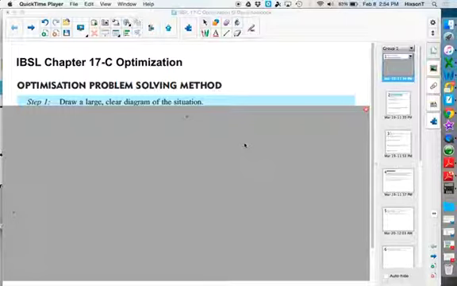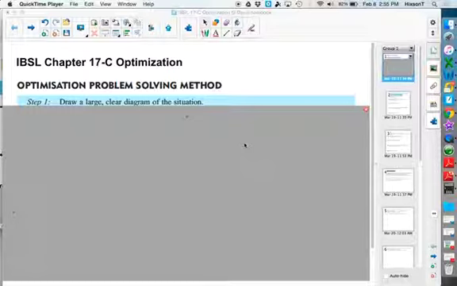However, in another instance, it might be the least. The best solution might be the least amount of something. If we have the least amount of expenses, or we're able to produce something with the least amount of materials, that sort of thing. So you really need to make sure that when you're talking about an optimization problem, that you are defining, at least in your head, what best is. So you know what you're looking for.